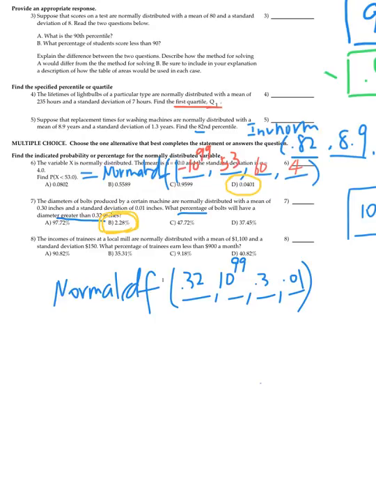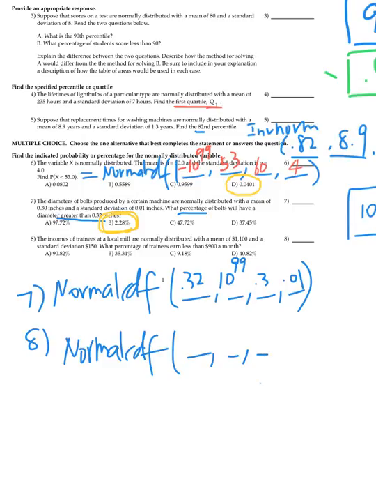So this is the solution for number 7. For number 8, what percentage? It's a probability question again, so normal CDF, input 4 numbers. For the first number, we have the keyword less than 900, so 900 is our upper bound.